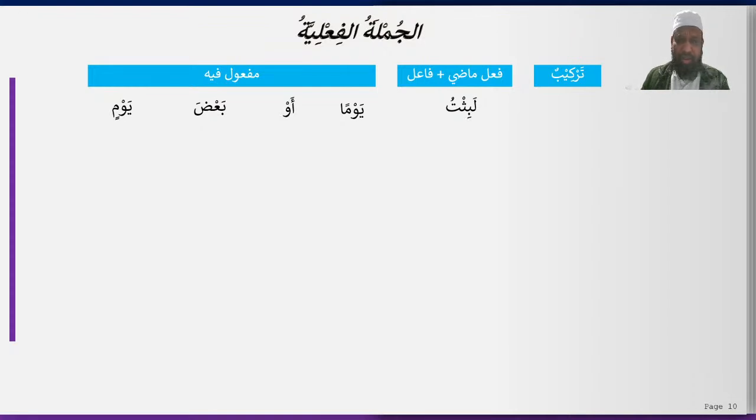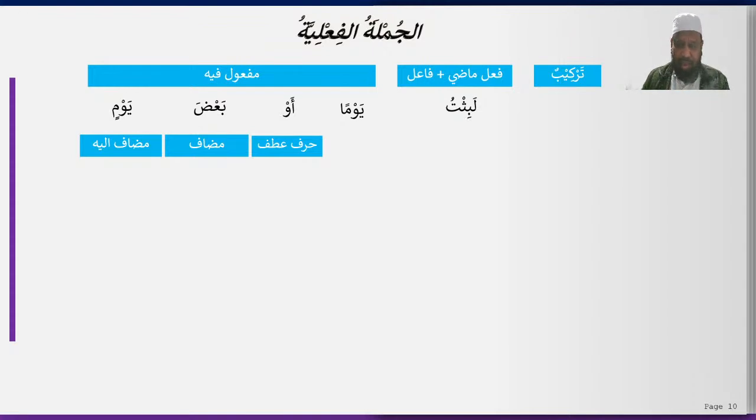So if you analyze this in more detail, let's analyze مفعول فيه. So we'll say أو حرف عطف. I think because of space I made it shorter. بعض مضاف, يوم مضاف إليه.